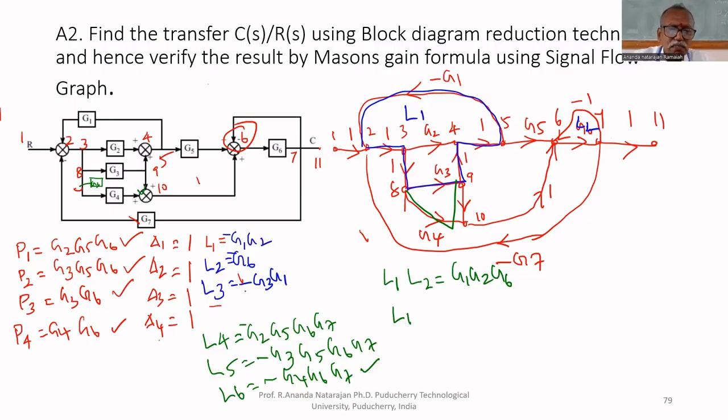L3 and L2 is also non-touching. Therefore, G3, G1, G6. L7 equals G3, G7 minus. That is one more loop.